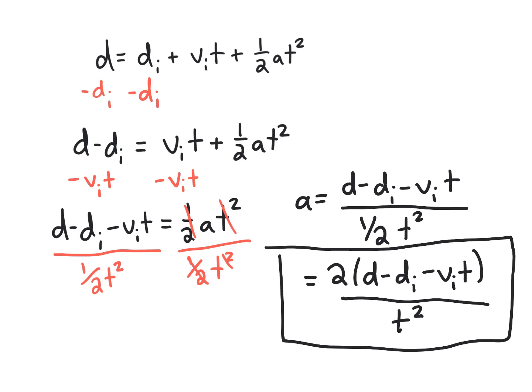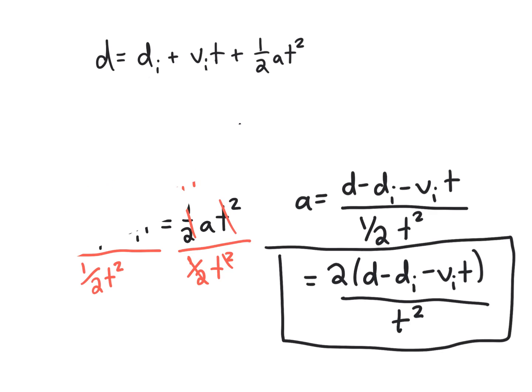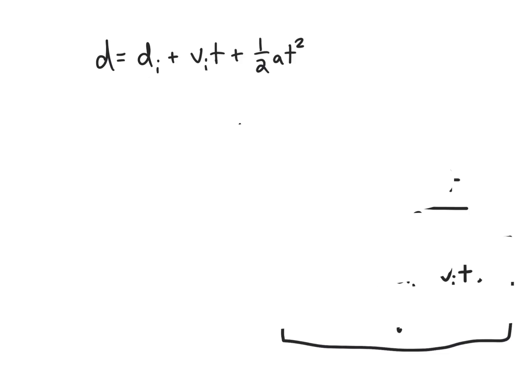So the trickiest one, last one, I've got my time. Solving for time is a little trickier because we can see that time shows up twice in the problem. We've got v sub I times time and half of a times time squared. So we're going to have to write it in the form that we use the quadratic formula.